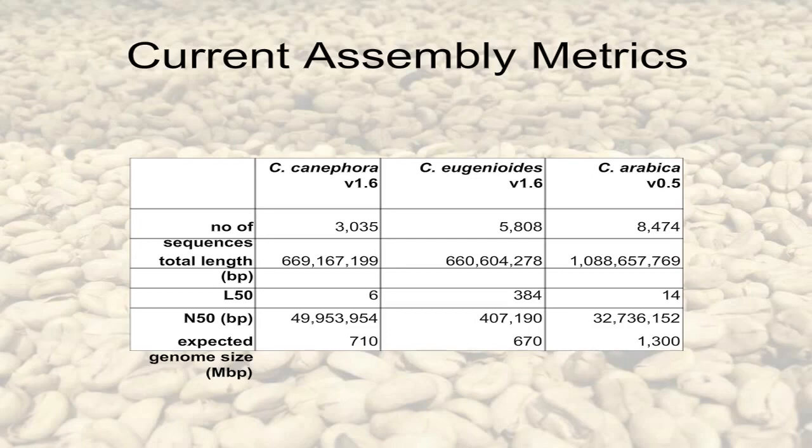But for canephora, the Hi-C improved the scaffold N50 from 972 kb to 50 megabases, which was a 51-fold increase. And approximately 87% of the assembly is contained in 11 chromosomes. So that's really good because the goal is to get to chromosome level, and we're nearly there.